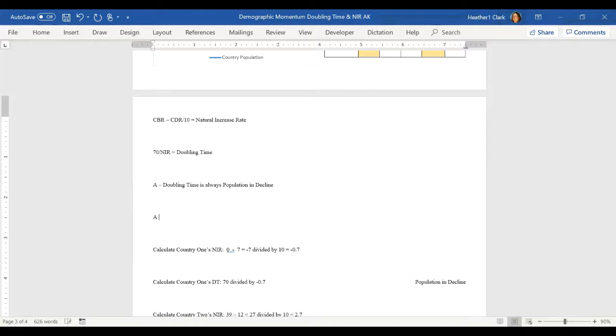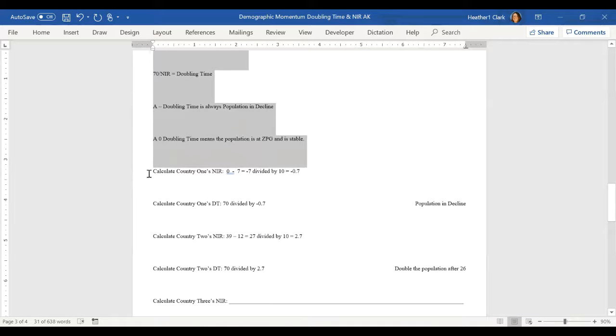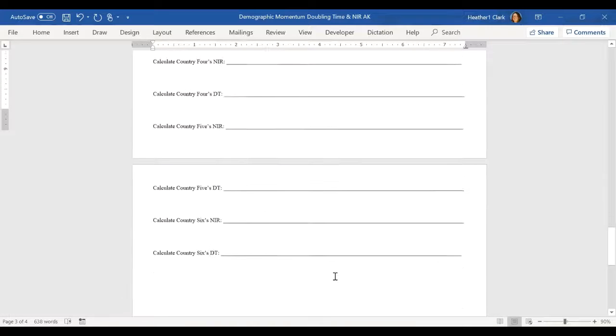And a doubling time of 0 means the population is at ZPG and is stable. So you should have a little bit of each of these throughout this entire thing. Calculate 1, and then 2, and then you do the rest all the way down.